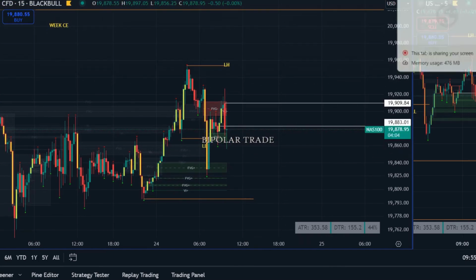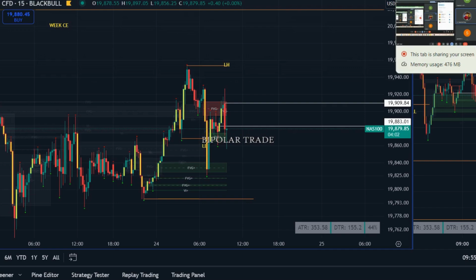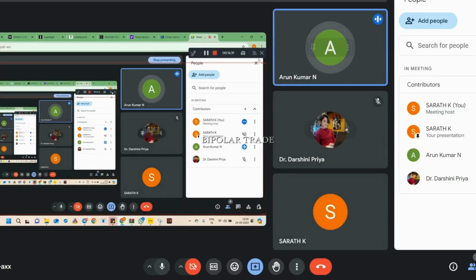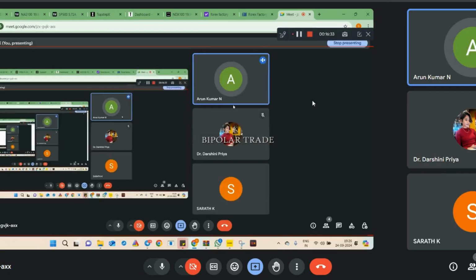Can you share your screen? Yes, 1 minute. We'll just make it a single screen. I have multiple screens running over here. 1 minute.